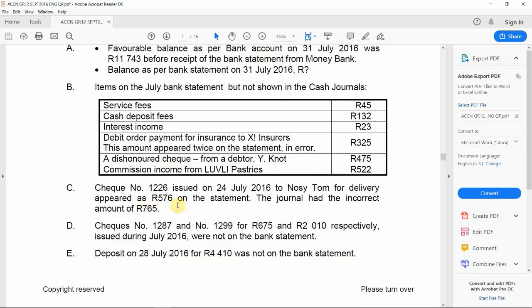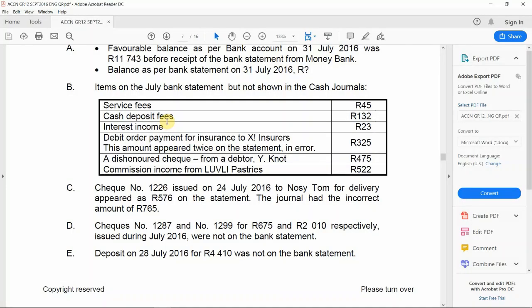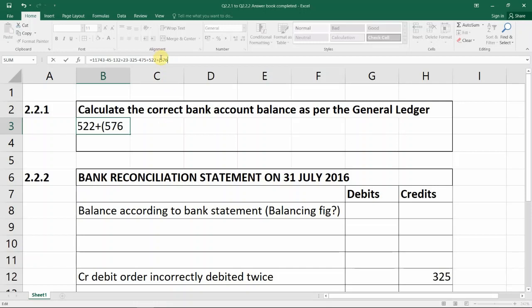So we will have to add the difference between 765 and 576.